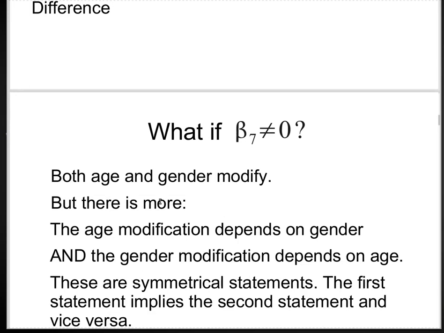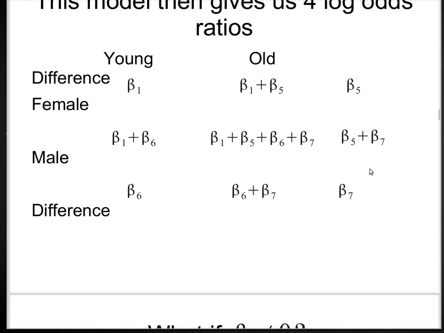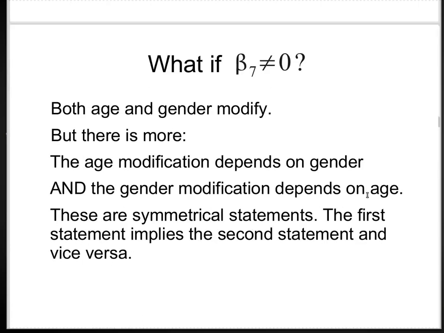That says that both age and gender modify, and that the age modification is different for the men and the women. In other words, the age modification depends on gender. That was what we saw here, this difference between beta 5 and beta 7, plus beta 7 and beta 5. And it's interesting to notice that it's the same thing as asking, does gender modification depend on age?